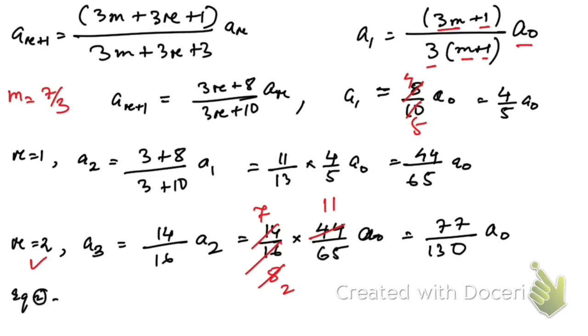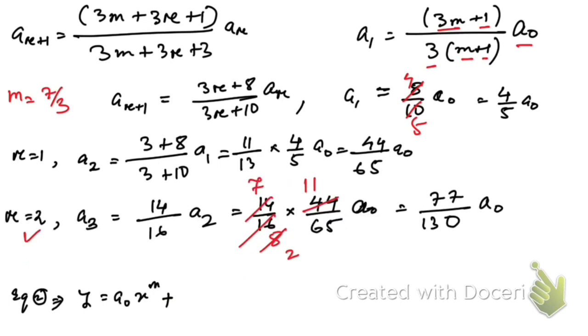Equation number 2 implies y is equal to a0 x to the power m plus a1 x to the power m plus 1, then you're going to have a2 x to the power m plus 2, then a3 x to the power m plus 3, and so on. That's what we're going to have.